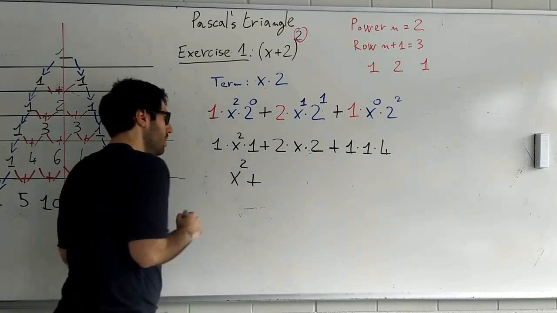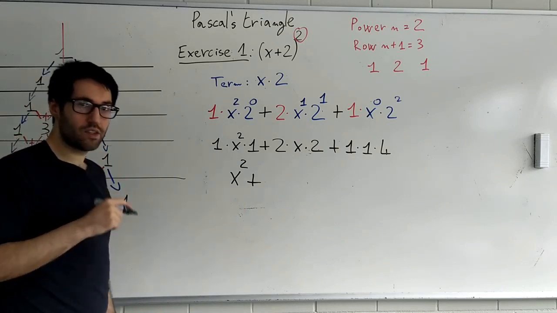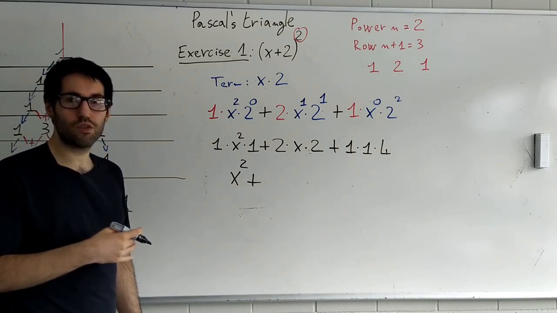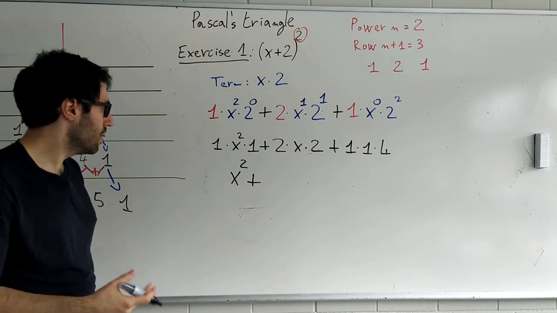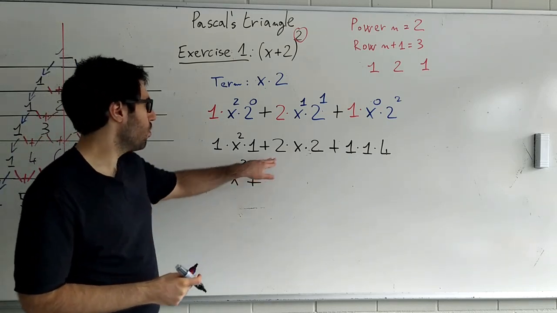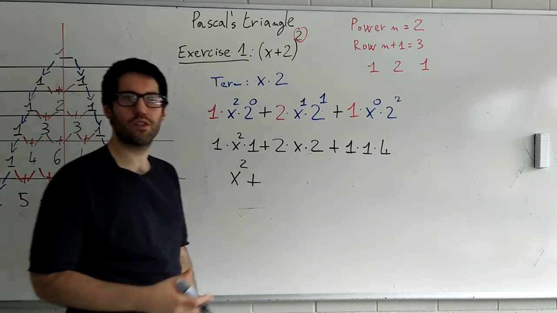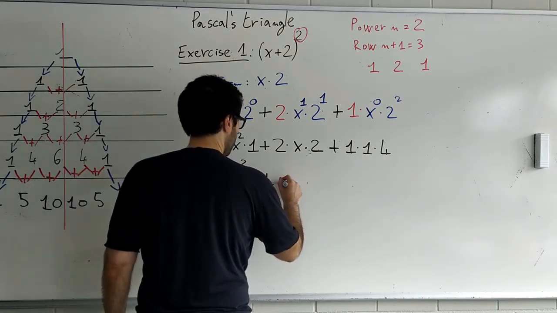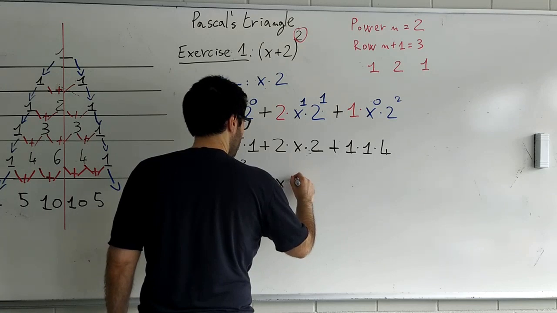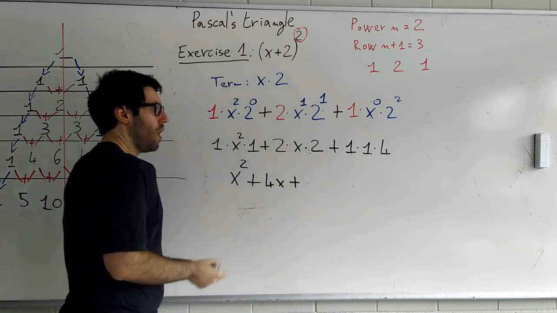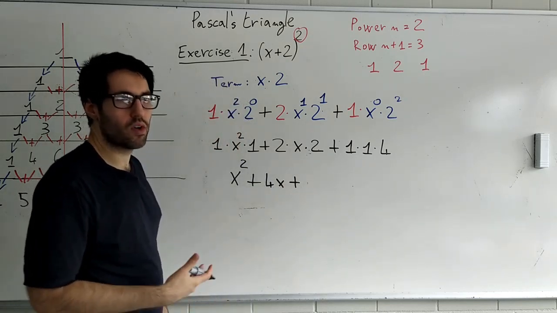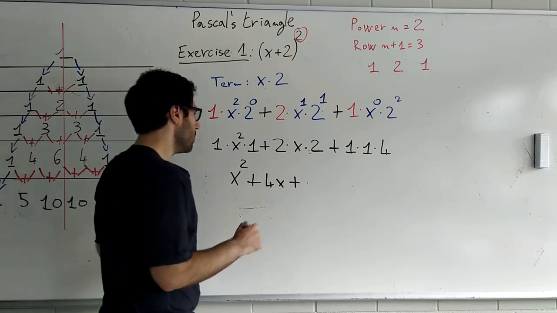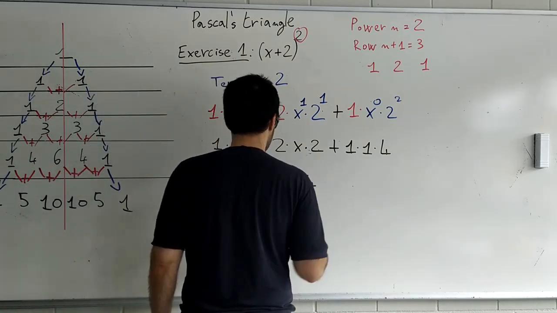Plus 2 times x is 2x, times 2 becomes 4x. Or you can just imagine multiplying the coefficients first, and the variable is just going to tag along. So 4x plus 1 times 4, okay, nothing too complicated, we know that it's just 4.